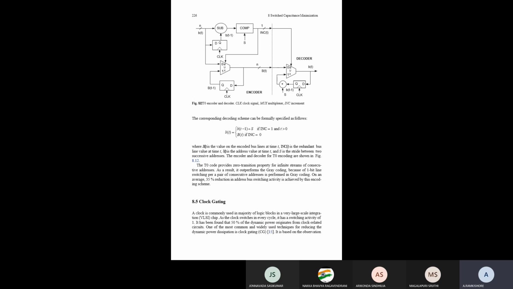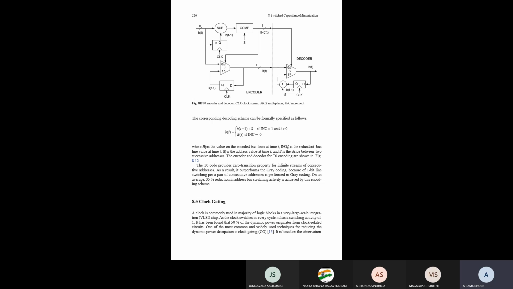Whether it is a combinational circuit or a sequential circuit, for every circuit the clock acts to process the signals from input to output. For that we have to use a proper clock signal to process the data from input to output.